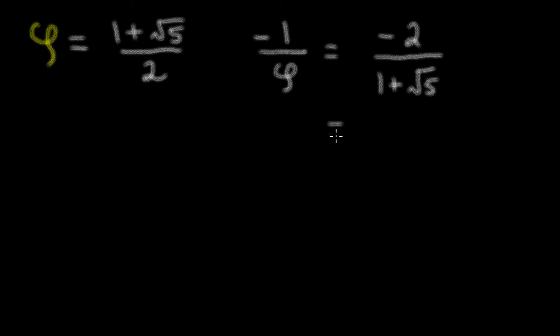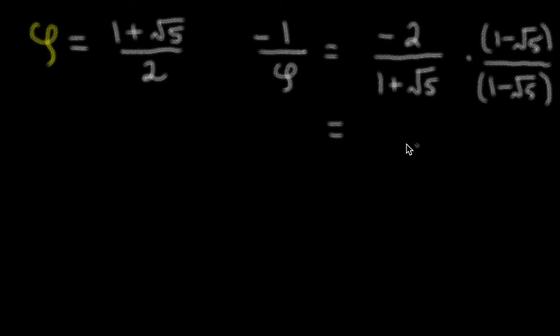Well, let me do a little bit of conjugation, everybody's favorite thing. So let me multiply the top and bottom by 1 minus root 5, just to clean things up. And notice the bottom is going to be a difference of squares, so 1 minus 5, so that's going to give me negative 4. And the top is actually going to be negative 2 times 1 minus root 5.